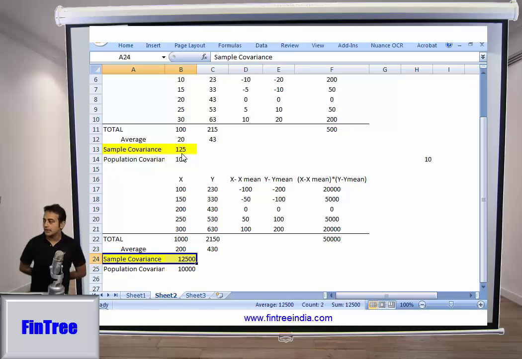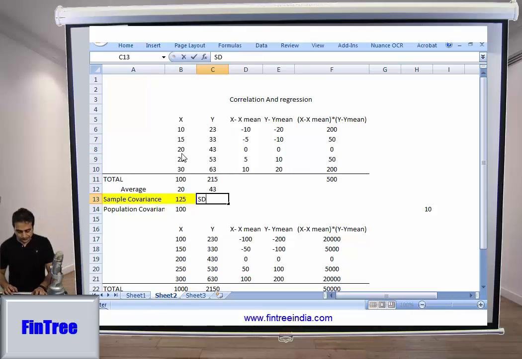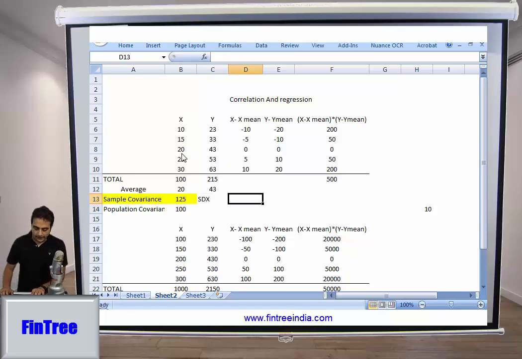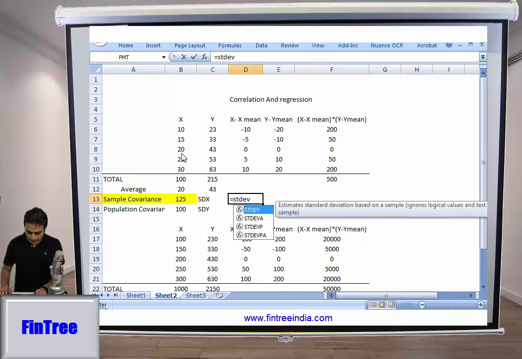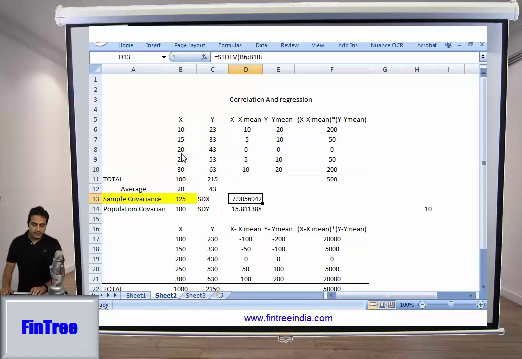So this part I believe we had also seen at CFA level 1, so you would have some idea. Now what I want you to do is calculate the sample standard deviation of x and the sample standard deviation of y. .9 and 15.81.